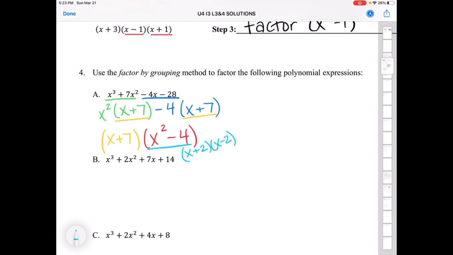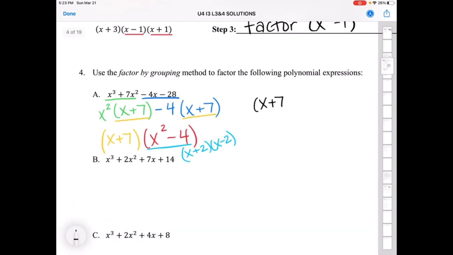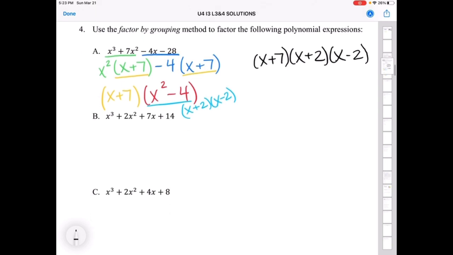So if I were to write this complete factorization, I would have x plus 7 times x plus 2 times x minus 2.